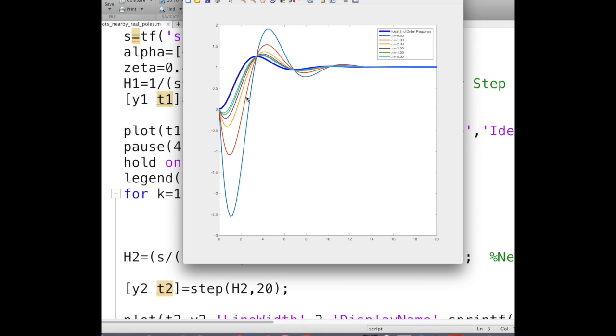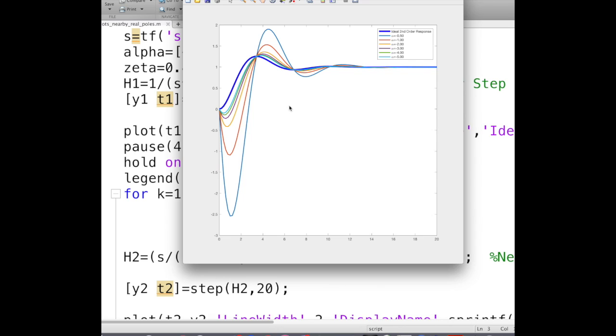So you see that's not good in most senses. The effect diminishes though as we increase alpha. So by the time you get out to an alpha of -5, which is the real part of the zero is 5 times sigma, that effect is less, and we're seeing something closer to the ideal natural second order response.